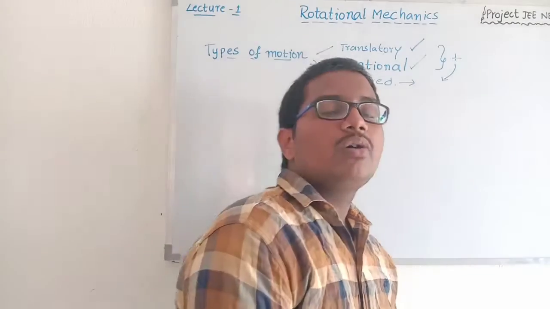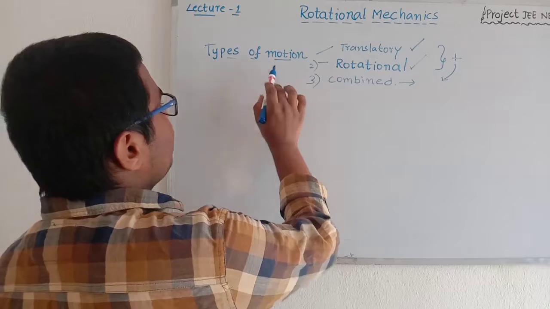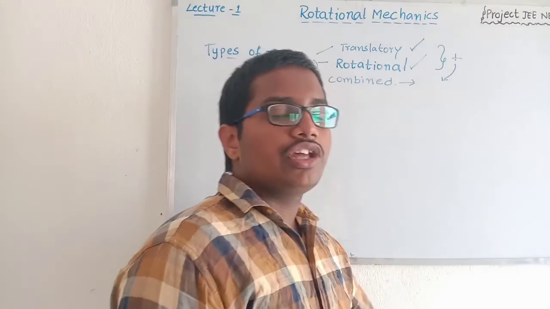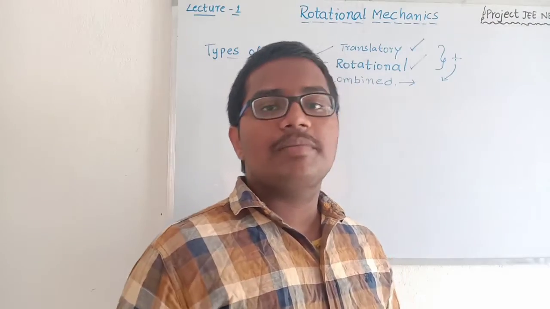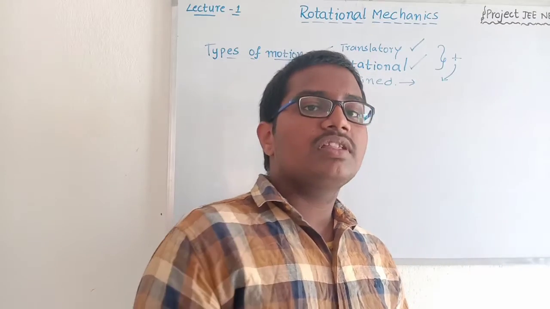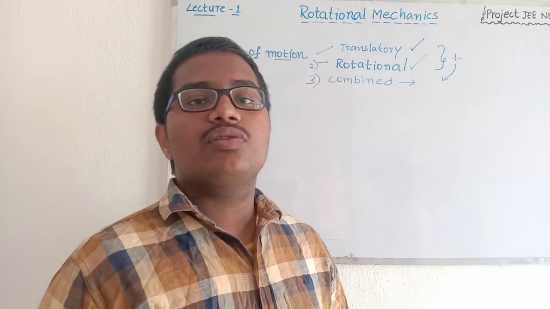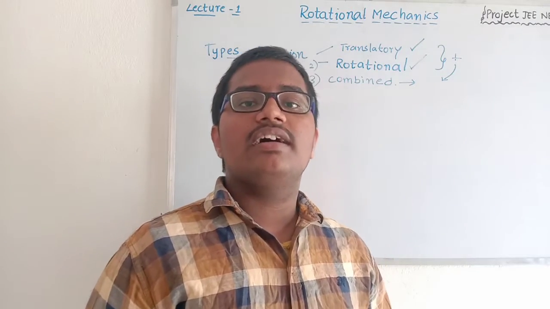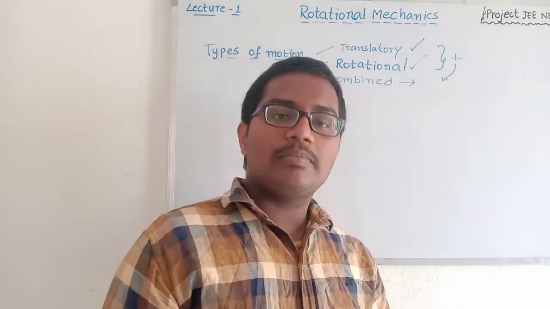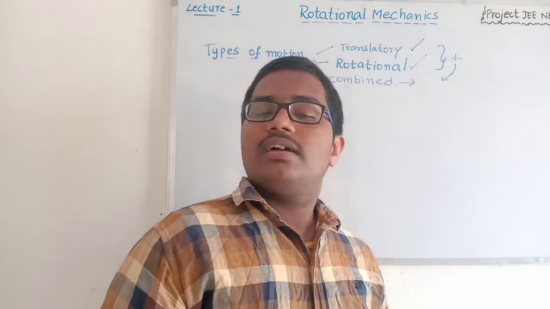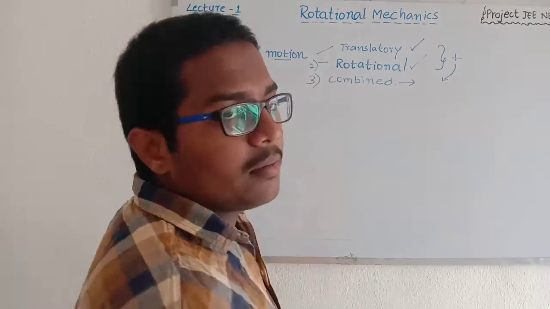We have now completed the types of motion, which are translatory, rotational and combined motion, and along with that we took some examples as well. Before that we discussed the rigid body definition and an example, in which situations the shape and size of a rigid body will not change, and that topic is completed.